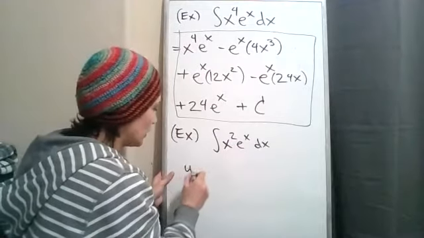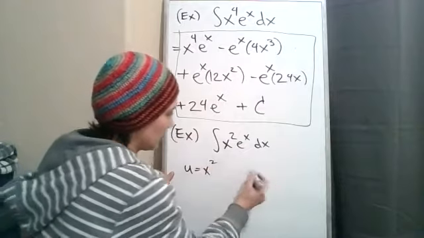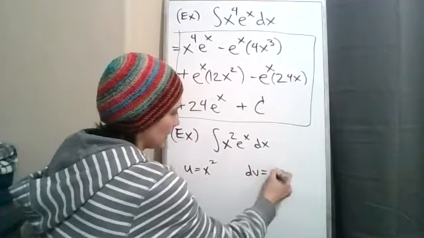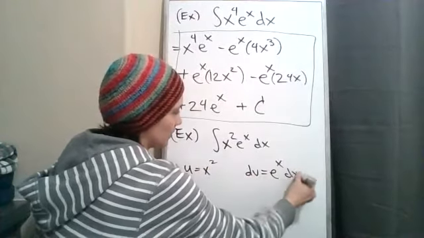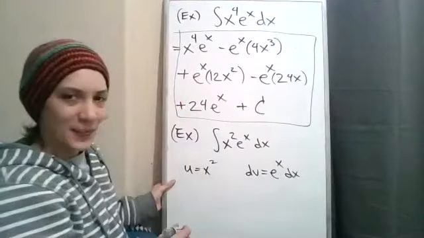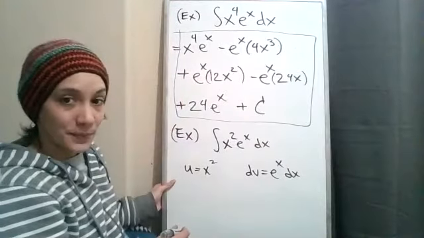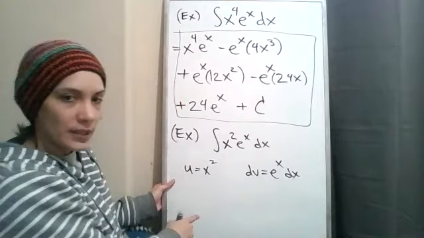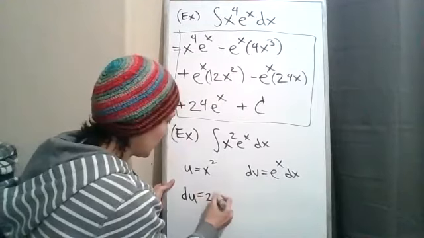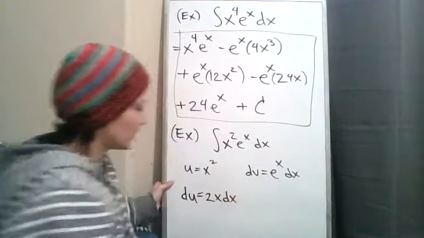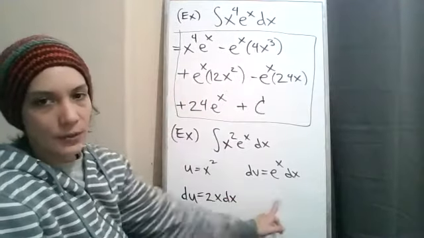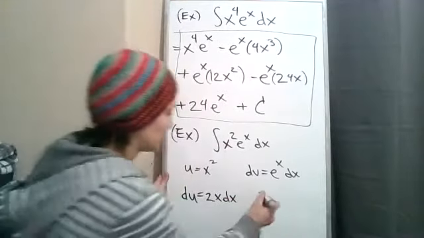Okay, u would equal x squared. dv is e to the x dx. Cool. du equal to 2x dx. And v equals e to the x.